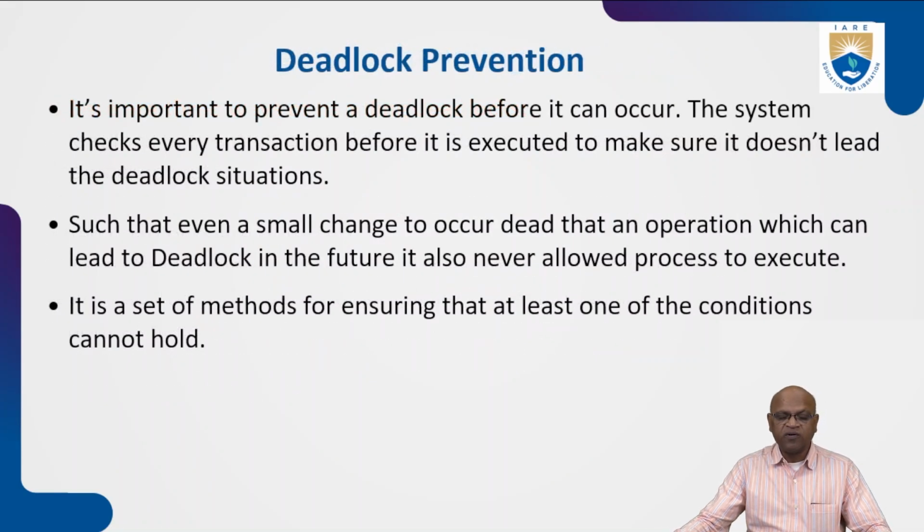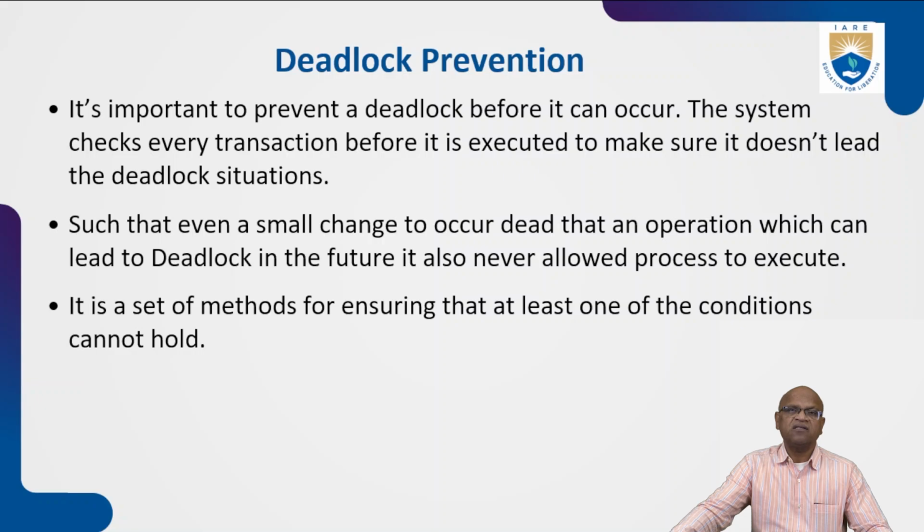So it is important to prevent deadlock before it can occur. The system checks every transaction before it is executed to make sure it doesn't lead to a deadlock situation, such that even a small change that can lead to deadlock in the future is not allowed. It will also never allow the process to execute.